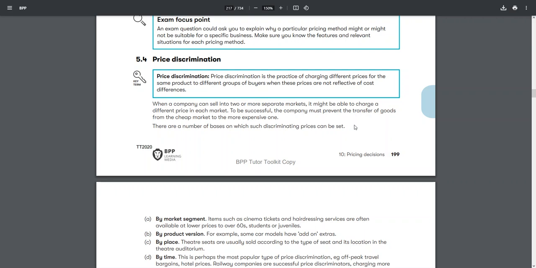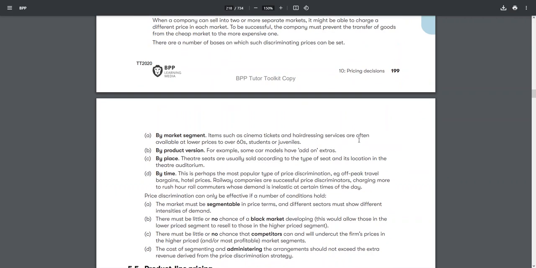You could differentiate it by versions. There could be different versions of a product, like in cold drinks, you have sugar-free, and usually the sugar-free is expensive. By place, in different places prices could be different, and usually it could be because of the income that people have in those different places.